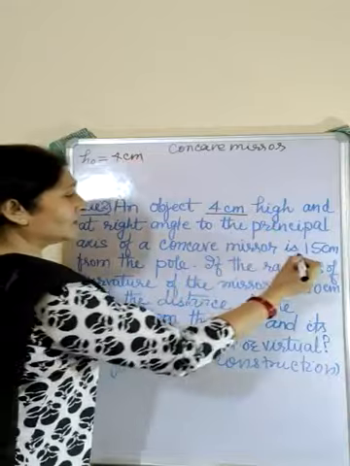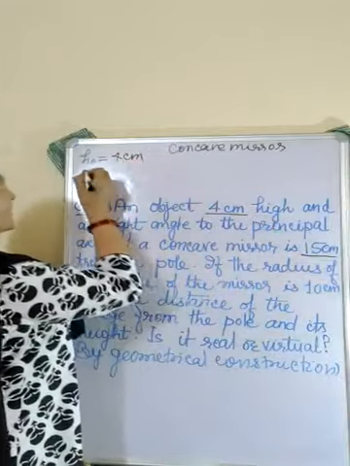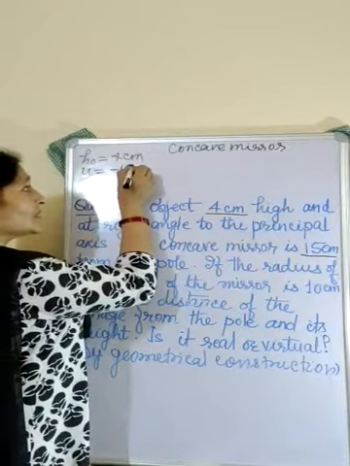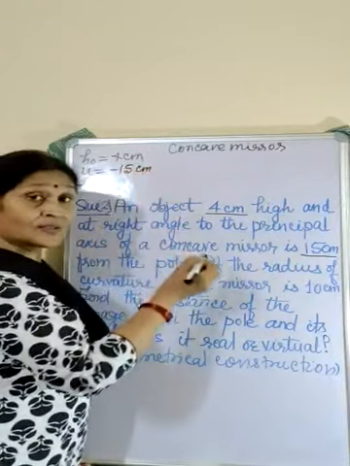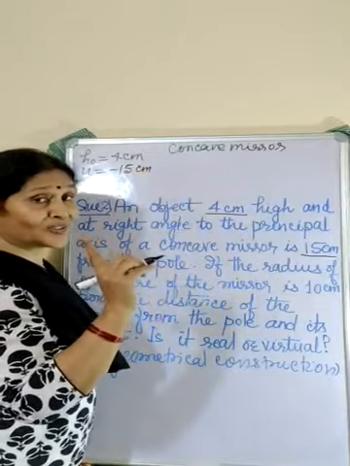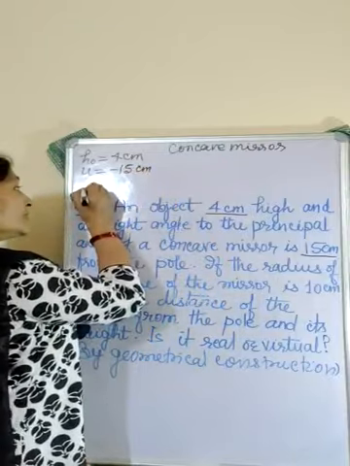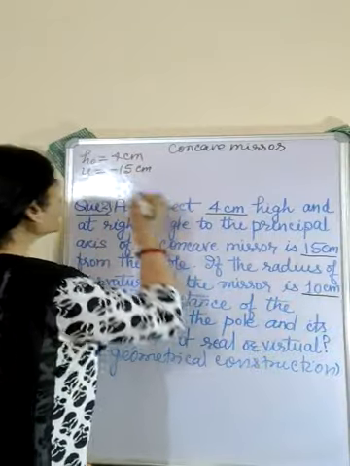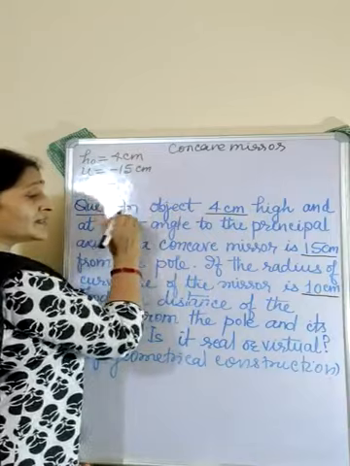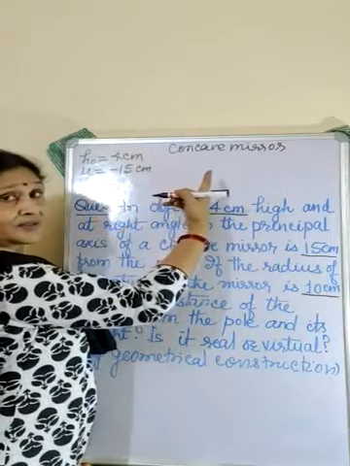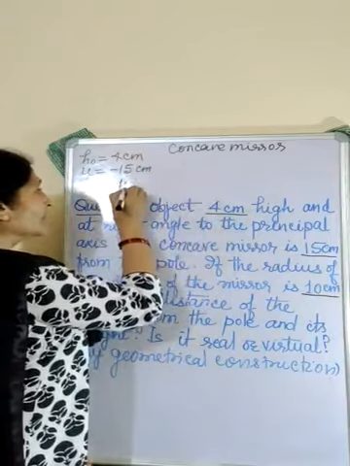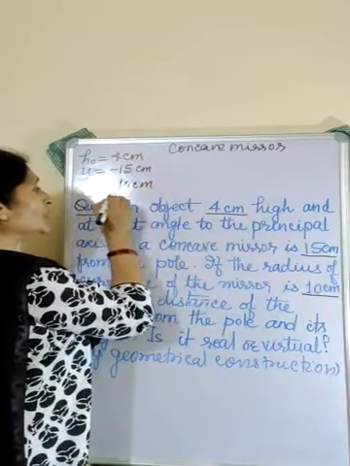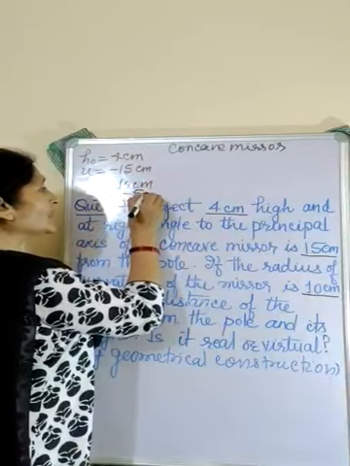Object distance is 15 centimeter, and we will write minus 15 centimeter because the object distance is always negative. Radius of curvature is also given, that is 10 centimeter, and this will be minus 10 centimeter because concave mirror is given in the question. And this implies that focal length will be equal to minus 5 centimeter.